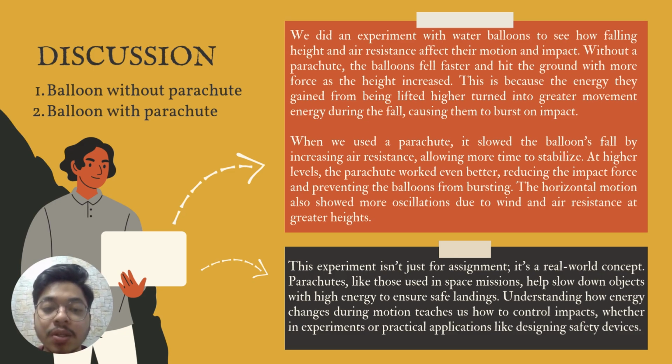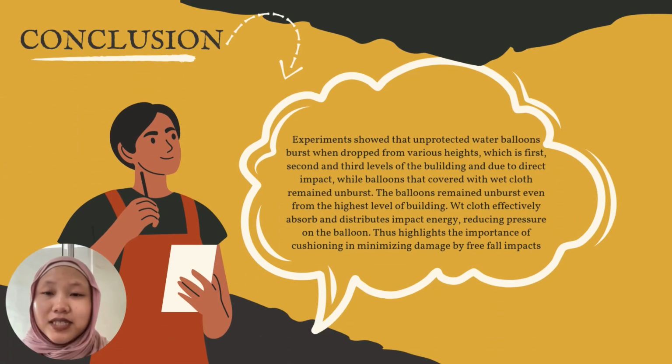Parachutes like those used in space missions help slow down objects with high energy to ensure safe landing. Understanding how energy changes during motion teaches us how to control impacts, whether in an experiment or a practical application like designing safety devices. Thank you. Next is the conclusion.